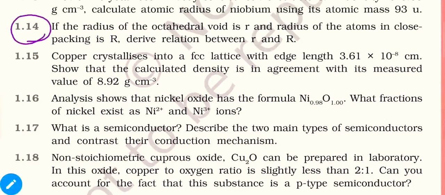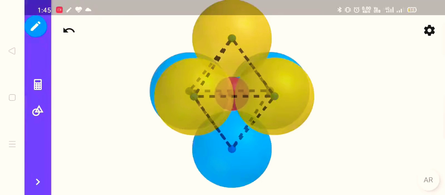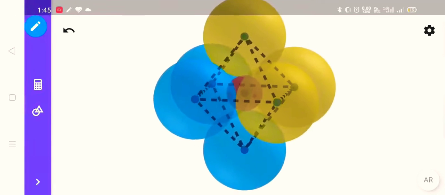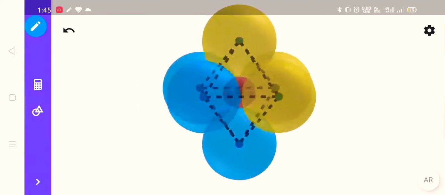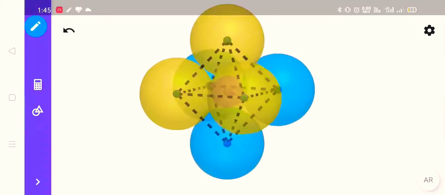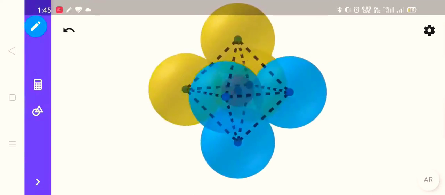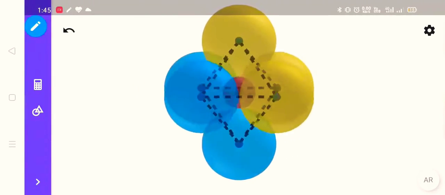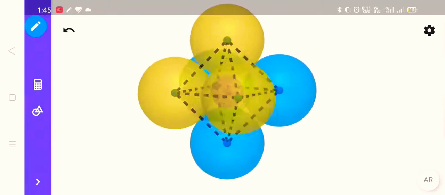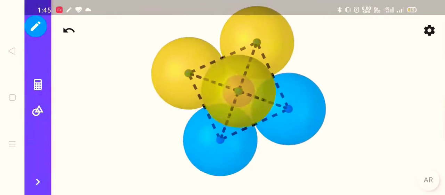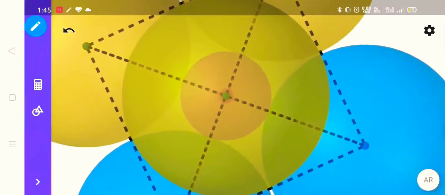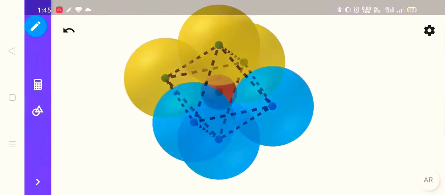For that we need to discuss the 3D structure of the octahedral void first. This is a three-dimensional structure of an octahedral void, and as we know, we need a total of 6 atoms to create an octahedral void. Here we have 6 atoms, and at the center between these 6 we have one octahedral void, and we placed a sphere or atom in this octahedral void, which you can see here in red color.